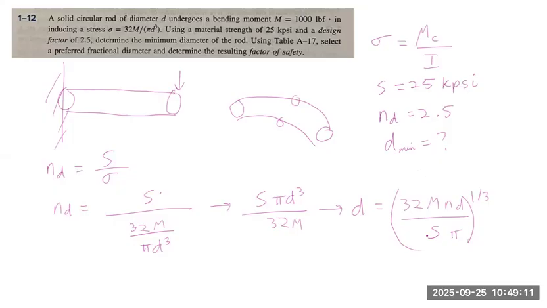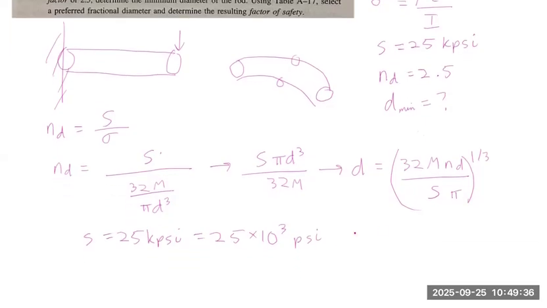And we plug in the given numbers. So S is equal to 25 kpsi, which is equal to 25 times 10 to the 3 psi, just to keep it in pounds.